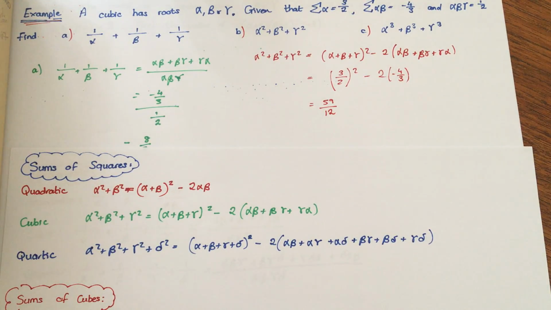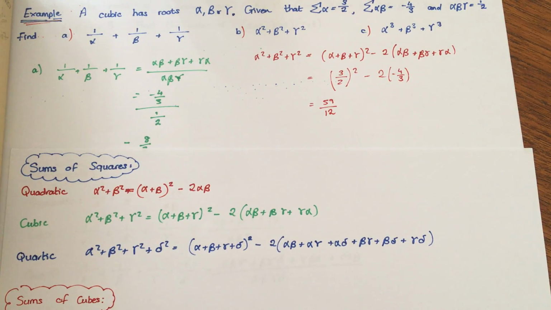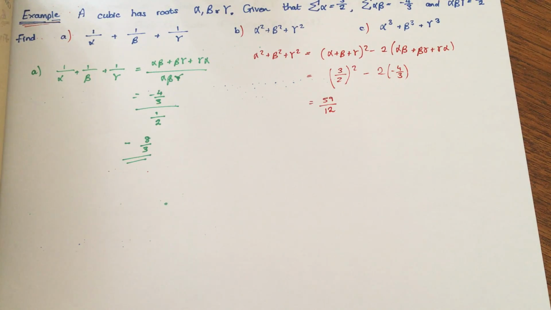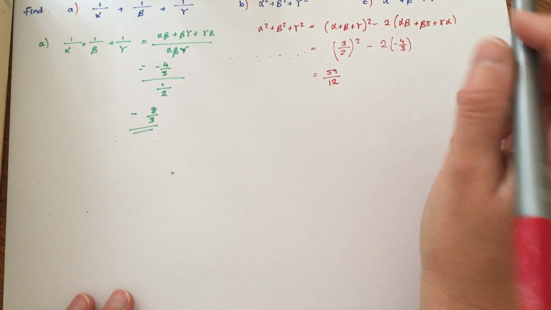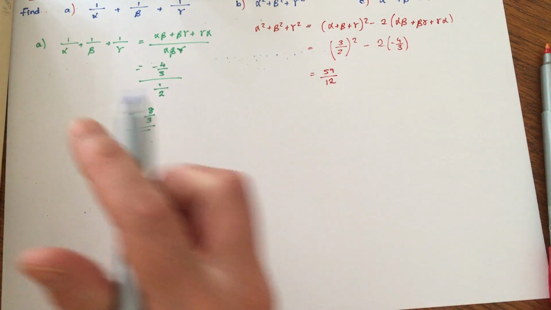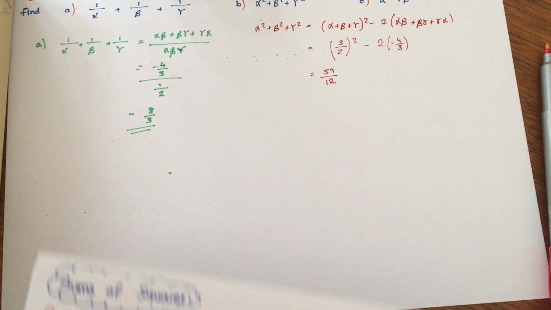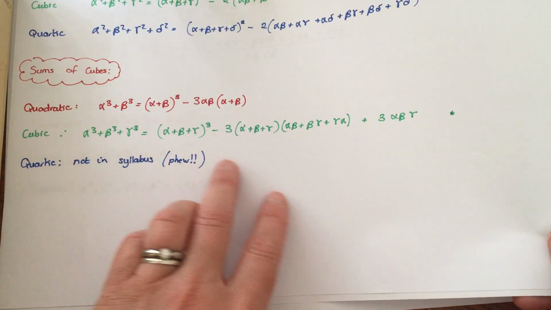Okay, and the last one, I've probably got room for that. So alpha cubed plus beta cubed plus gamma cubed, let's go blue, is this one here. So this is the rule that we're going to be using.